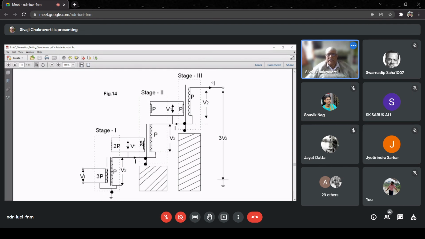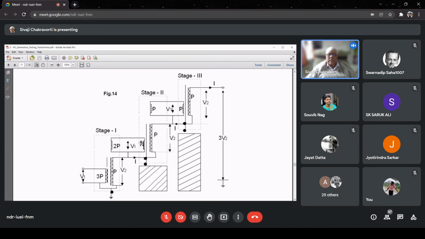V2 into I. So you know that the primary of stage 2 will also have P. Therefore, the tertiary of stage 2 will also have P. And the secondary of stage 2, that is V2 into I, that means P. So the tertiary plus secondary has a rating of 2P volt-ampere.